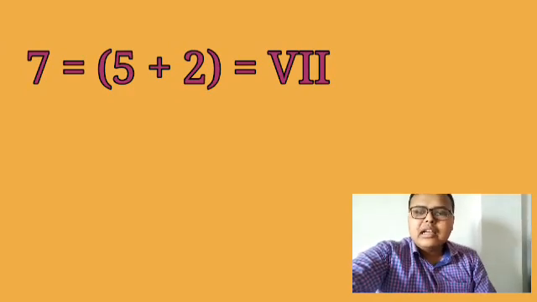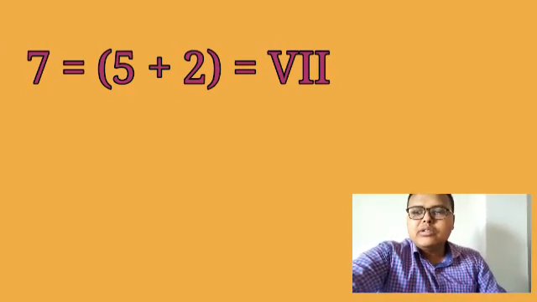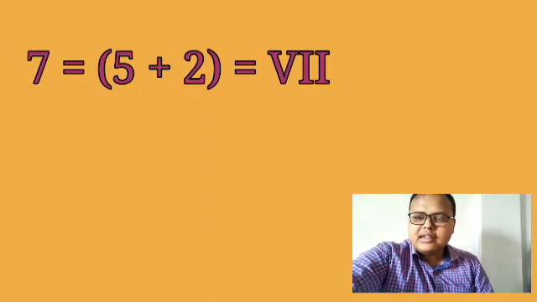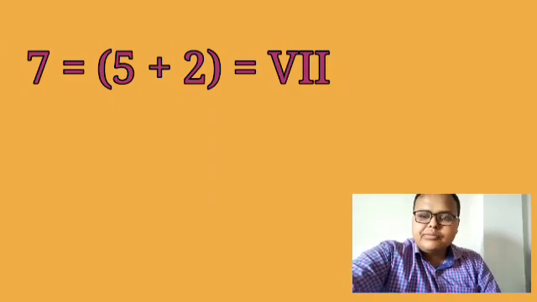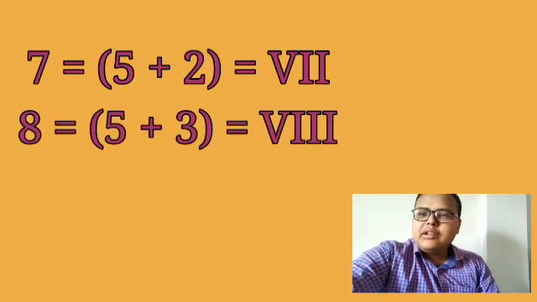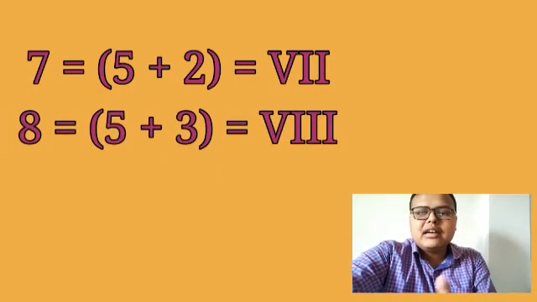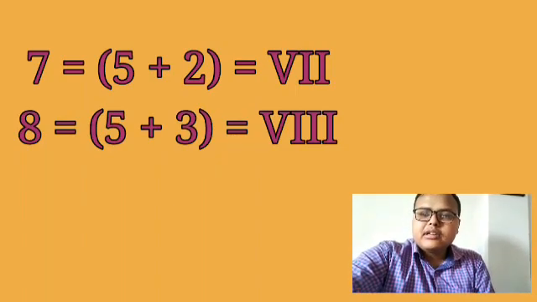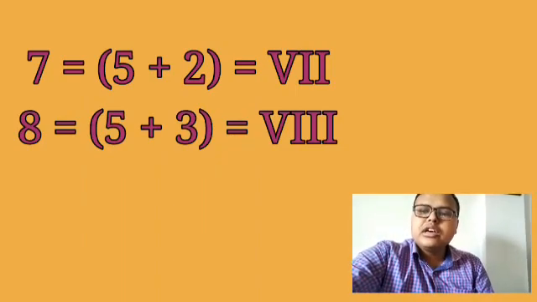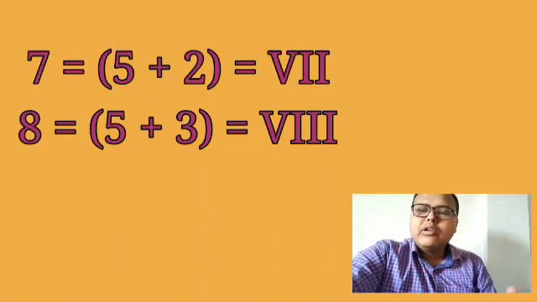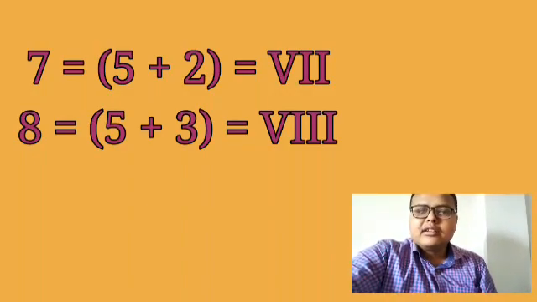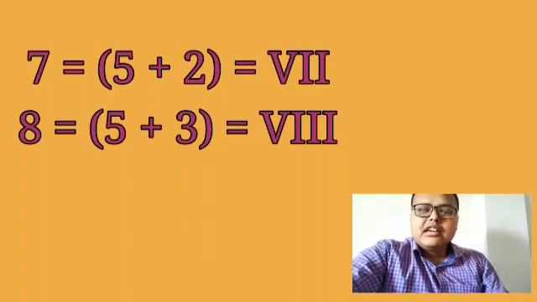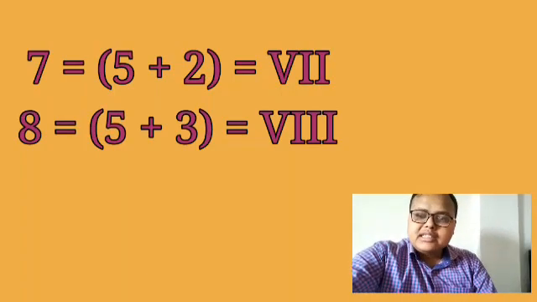And similarly, if they want to write 7, VII, because 2 we represent as II. And similarly, if we have to represent 8, then I will write 3 just at the right of 5. To represent 3, we use triple I, and we will write that triple I just at the right of V. So VIII is the representation for 8.